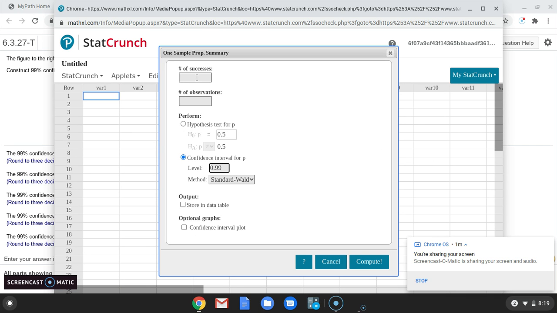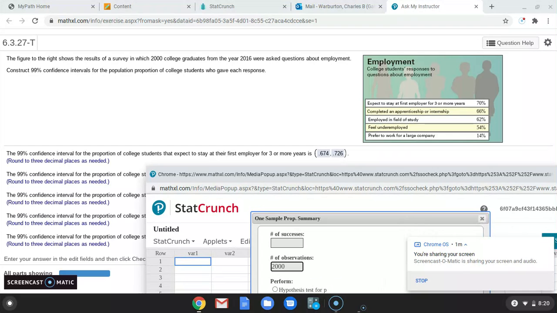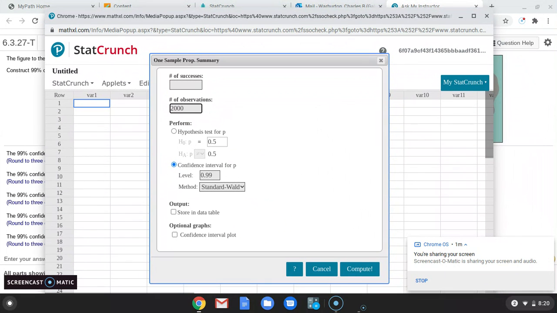All right, so the number of successes, number of observations. There were 2,000 people that were observed, and it was 62% of them that were in their field of study. So I need to find out what is 62% of 2,000.